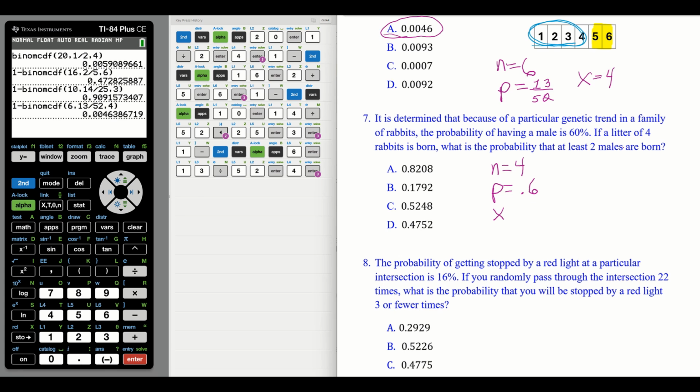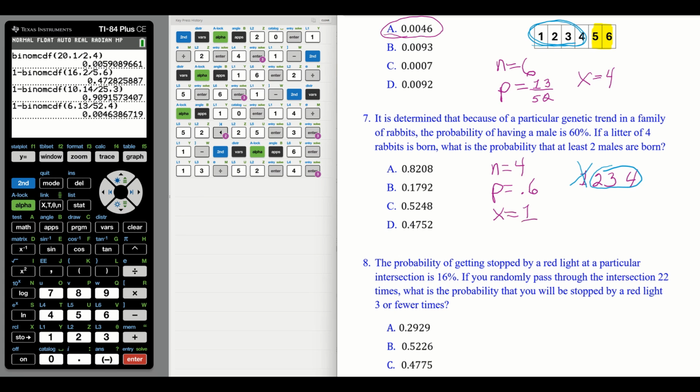So if you have 4 bunnies, we have 1, 2, 3, 4 baby bunnies. At least 2. Oh no, we're getting rid of more. Now that I say that, that means you need all of these and you have to get rid of those. So we have to subtract those out.